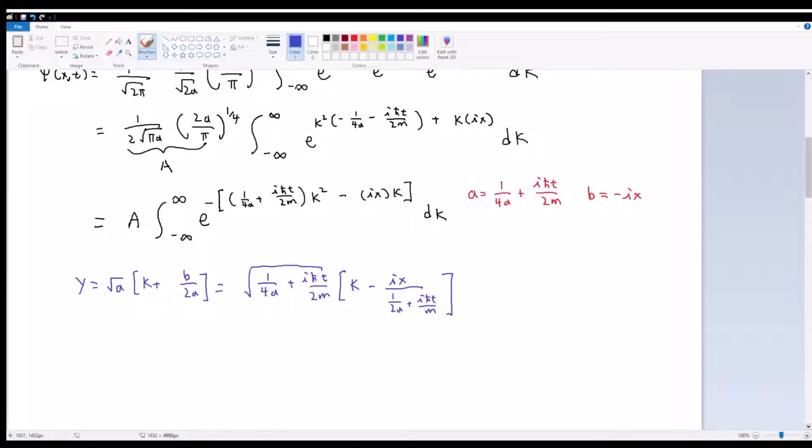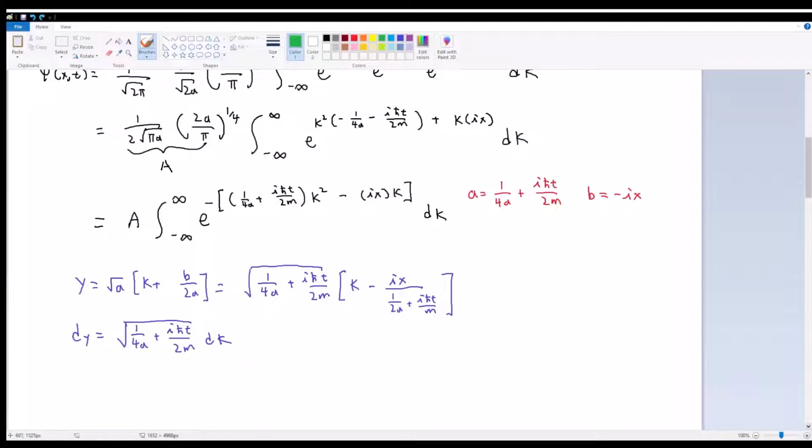Okay, and from here we want to do a y substitution. So dy is going to equal the square root of 1 over 4a plus i h bar t over 2m times dk. And now we use the substitution, and we recognize that this term right here can be rewritten.